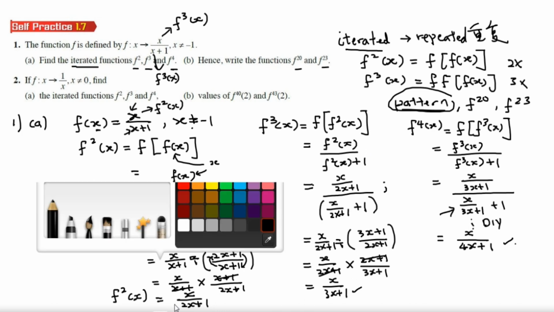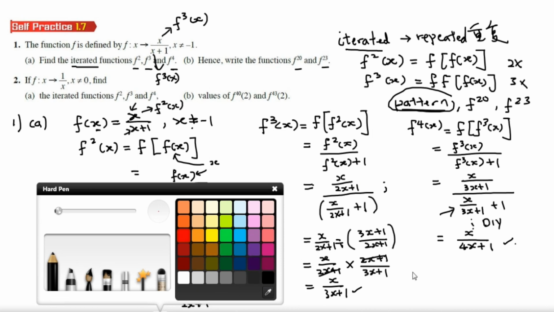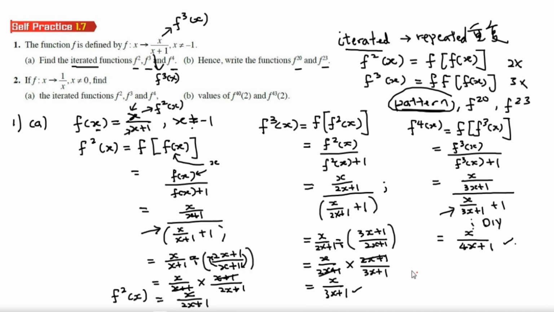Now I use a red color to help you see how to identify the pattern. First you must link these repeat numbers with a number on the right hand side of the function. You can see that this is x over x plus 1 for f1.